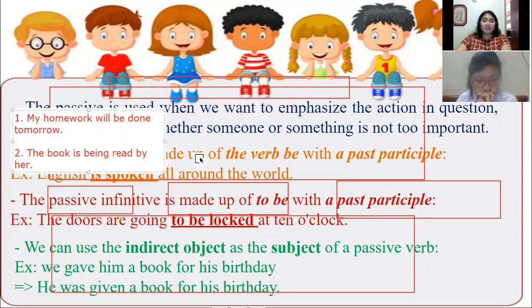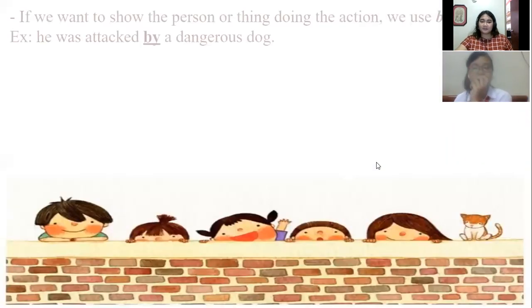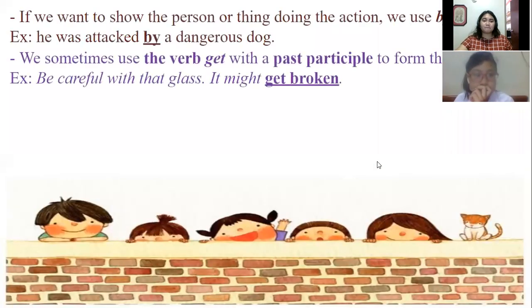All right, very good. So, did you already understand passive sentences? Yes. Okay, just remember, passive is used when we want to emphasize the action in question or the causes of action, or when someone or something is not too important. Did you understand?